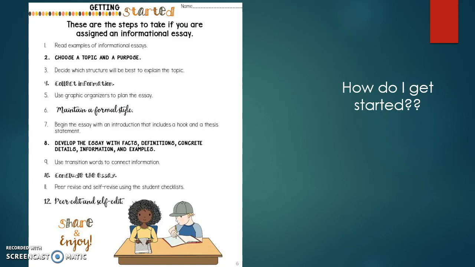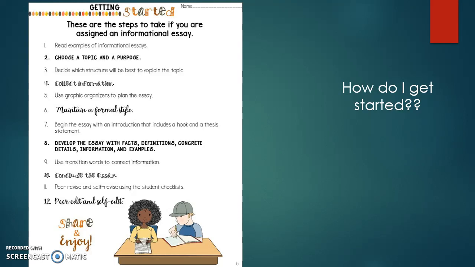Okay, so how do you get started? Well, we're going to do a lot of this together. These are some of the steps we're going to go over. It's a good idea to read some examples of informational essays, which we're going to do. Also choosing a topic and a purpose, excuse me. It's also important to decide on the structure, which we're going to talk more about.